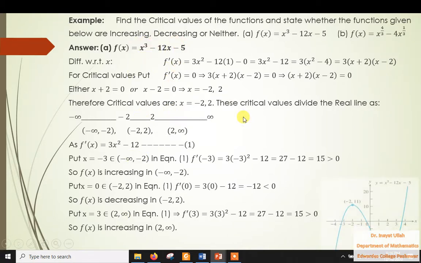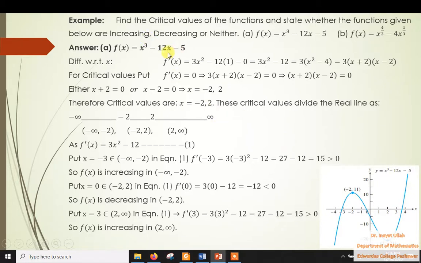If you look at the graph of this function, the graph of this function is here. See here, that is the critical point, the critical value minus 2.